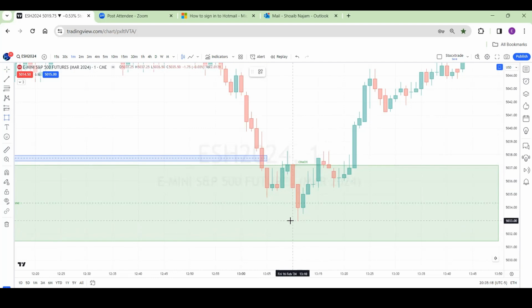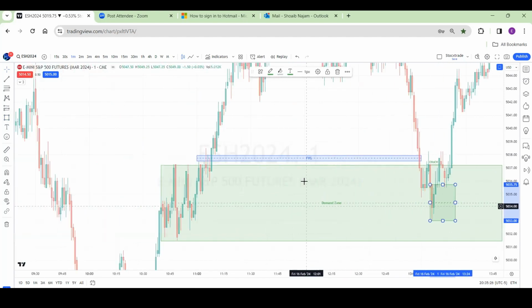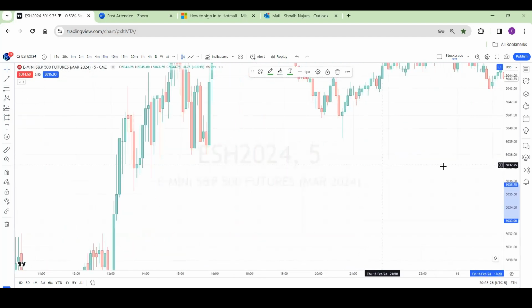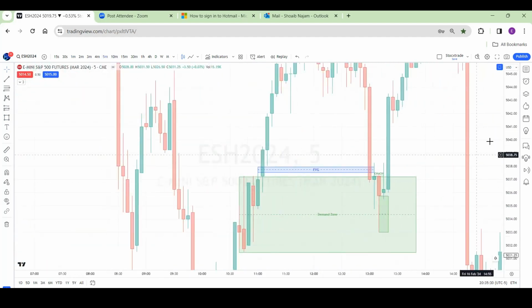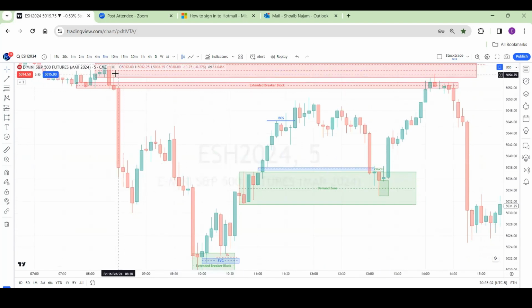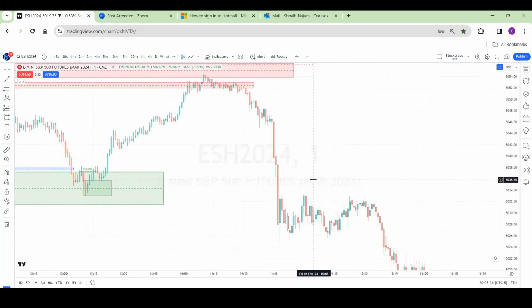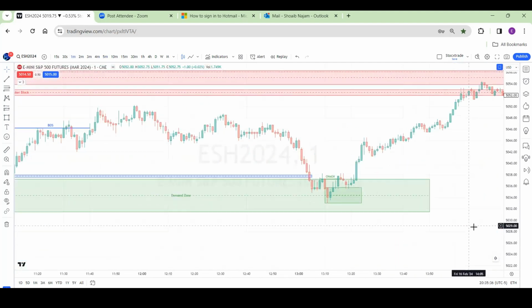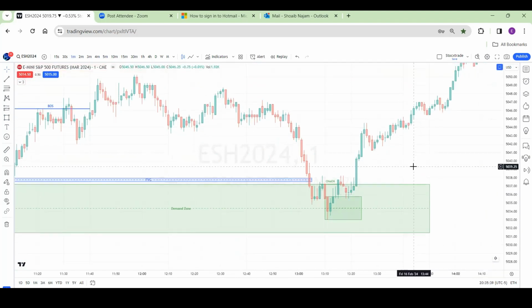The last candle is your demand zone. Okay, you got the entry from 5 minutes. You mark the demand zone in 5 minutes, but you are taking the entry in 1 minute. Why? Because I don't want to lose. If I take the entry in 5 minutes, my stop loss will be bigger.